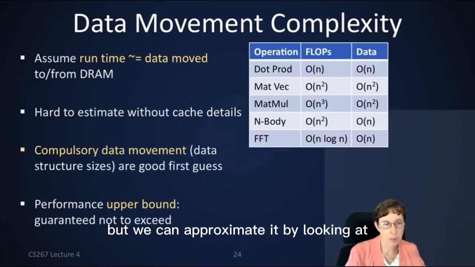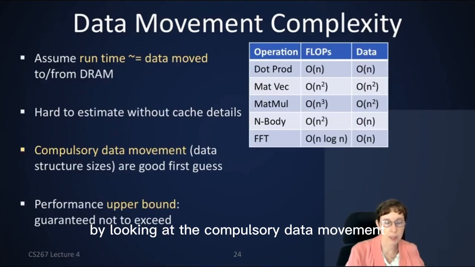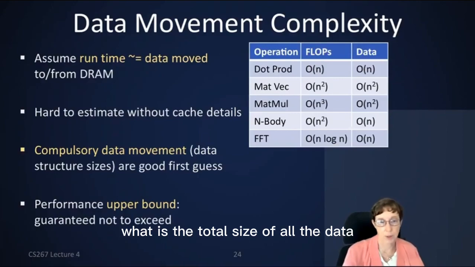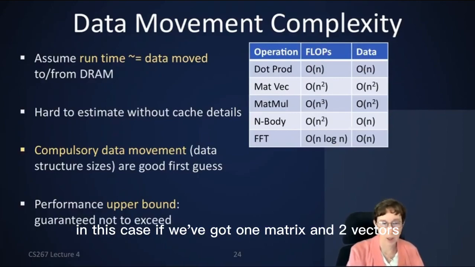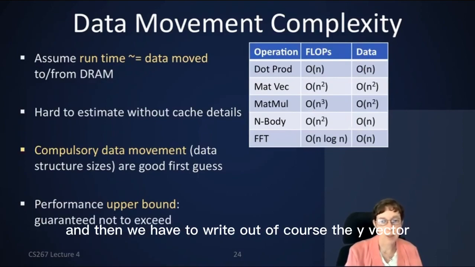But we can approximate it, at least as a first estimate, by looking at the compulsory data movement. That is, what is the total size of all the data structures that you're computing on? In this case, we've got one matrix and 2 vectors in the matrix vector case, and those compulsory misses are a pretty good first guess. And then we have to write out, of course, the Y vector as well.